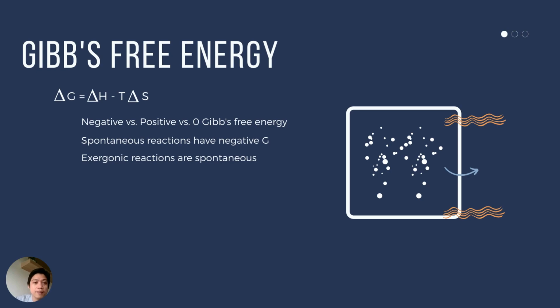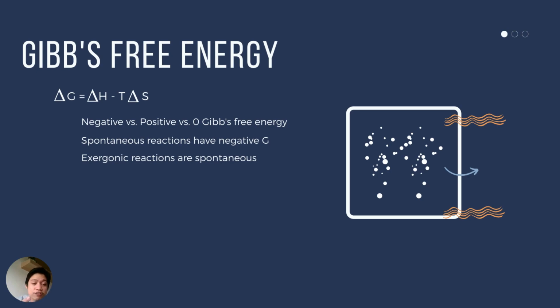So, pag sinabi nating negative Gibbs free energy, yung system gusto niyang mag-release ng energy into the environment. And that is what is represented in the image here on the right. So you have the system enclosed by the square, and you have the particles illustrated here.